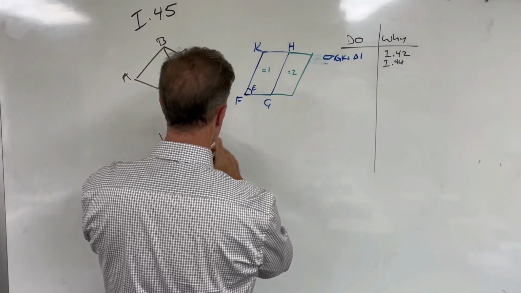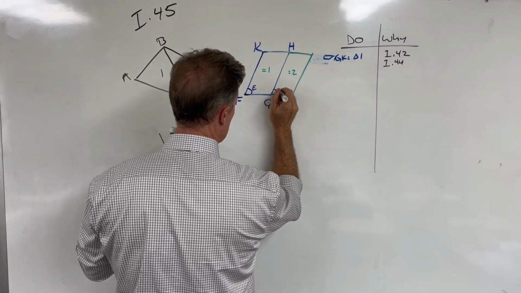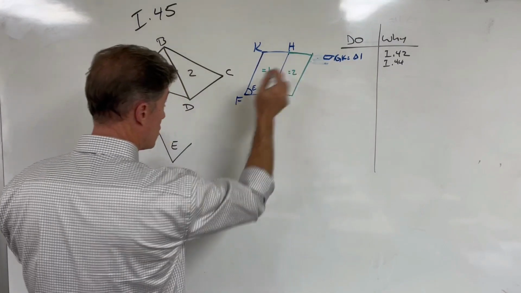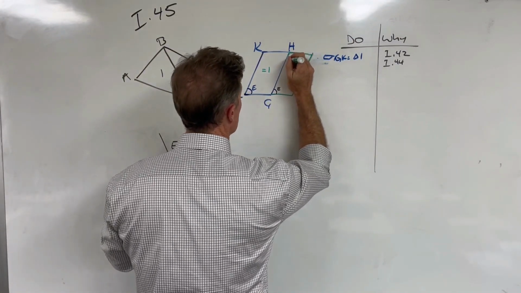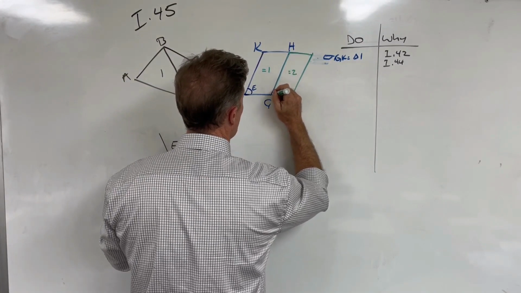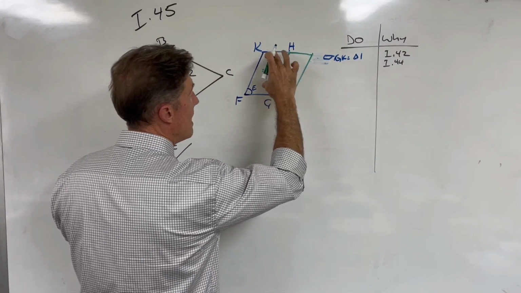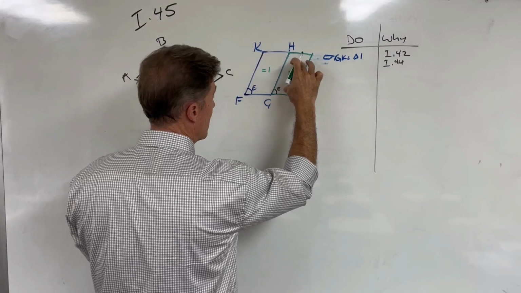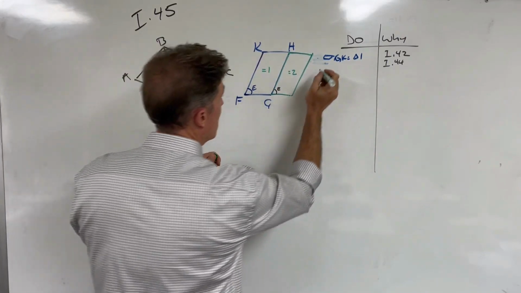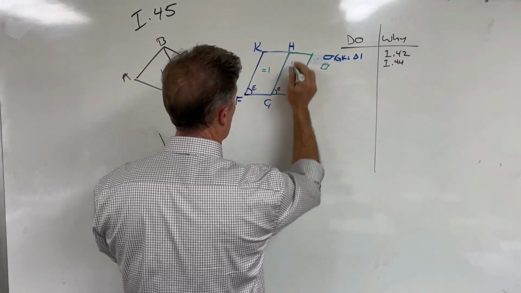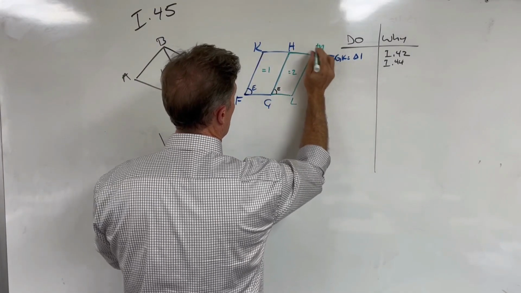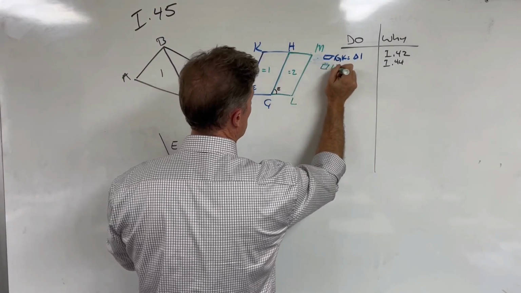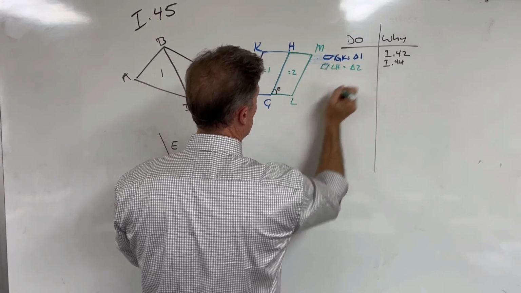And we're going to use the same angle, angle E, to construct our second parallelogram. So we really have two parallelograms here, even though they share this common line. We have a blue parallelogram, and applied right on that same line, we have a green parallelogram. So that's going to be parallelogram, we'll call this K, J, L, and M. So we have parallelogram LH that's equal to triangle 2.